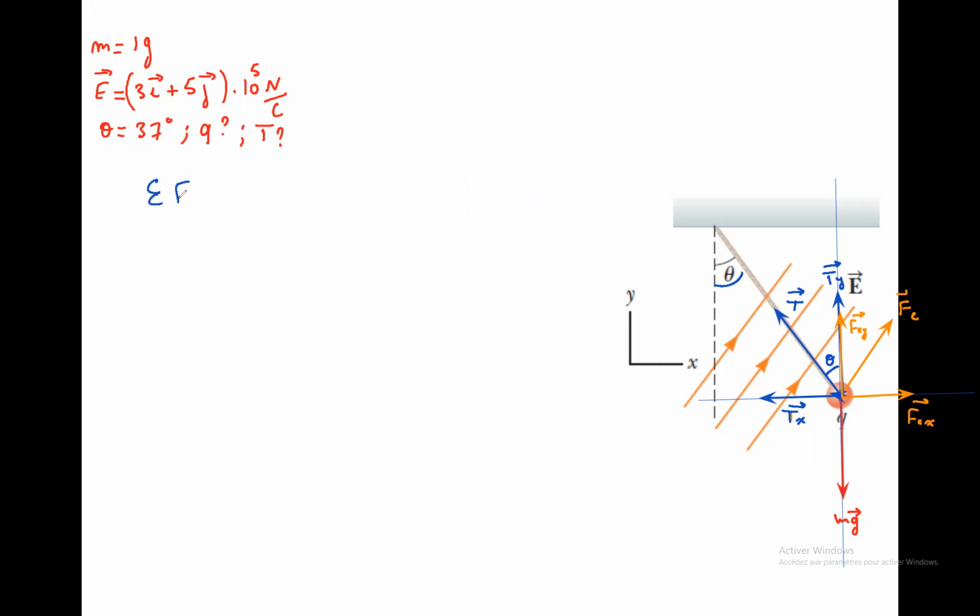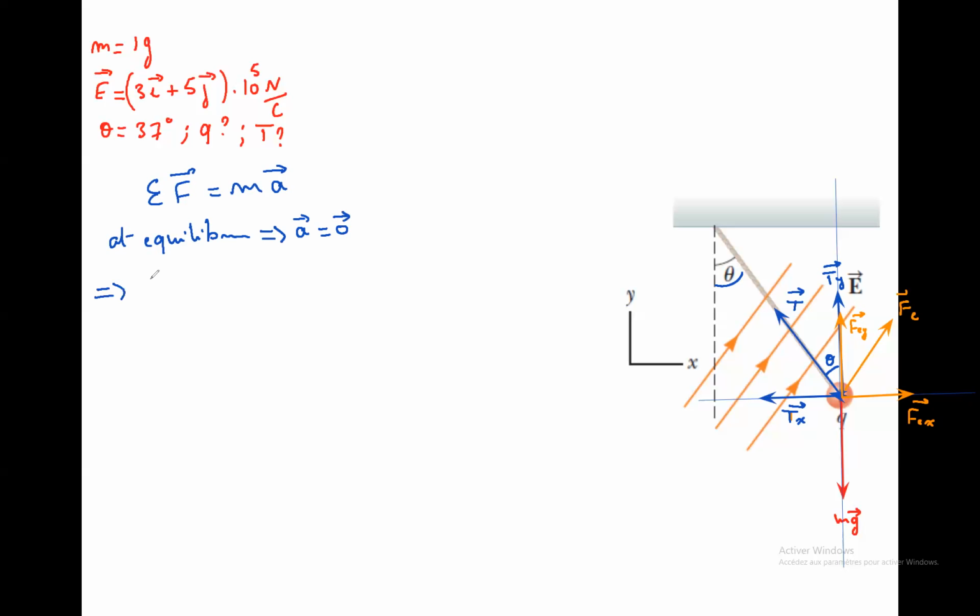Summation of F equal MA. The system is at equilibrium. When the system is at equilibrium, A equals 0.